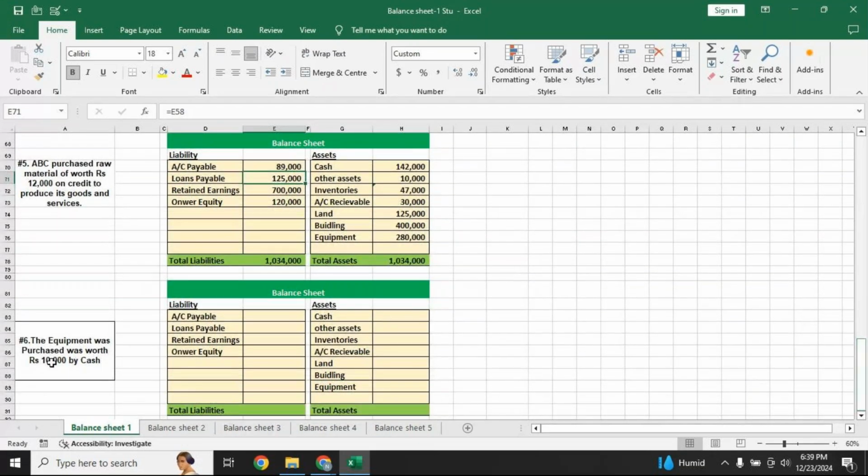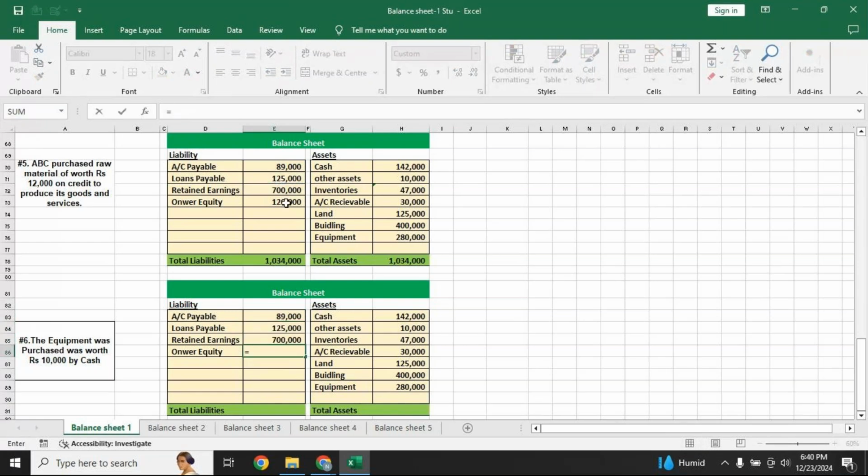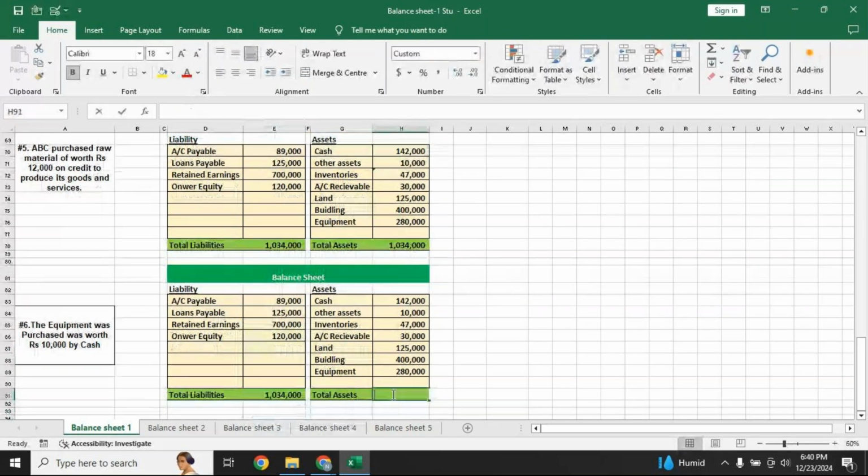The last one: the equipment was purchased worth rupees 10,000 by cash. First I am going to bring this value down. So the equipment was purchased worth 10,000.